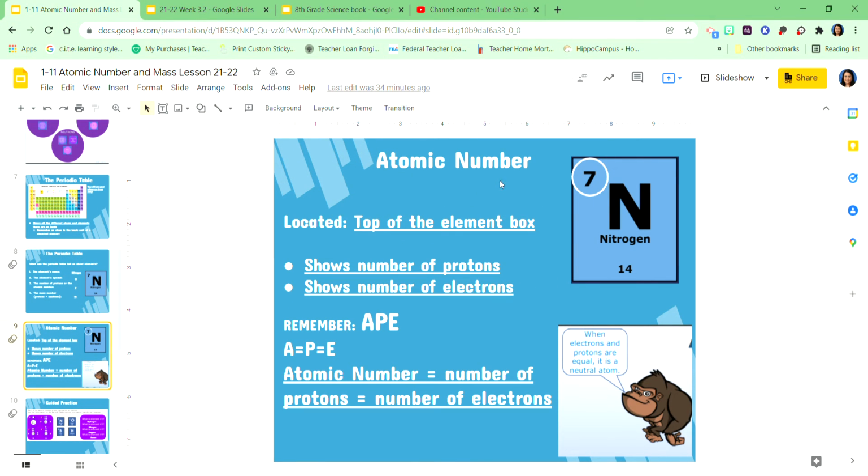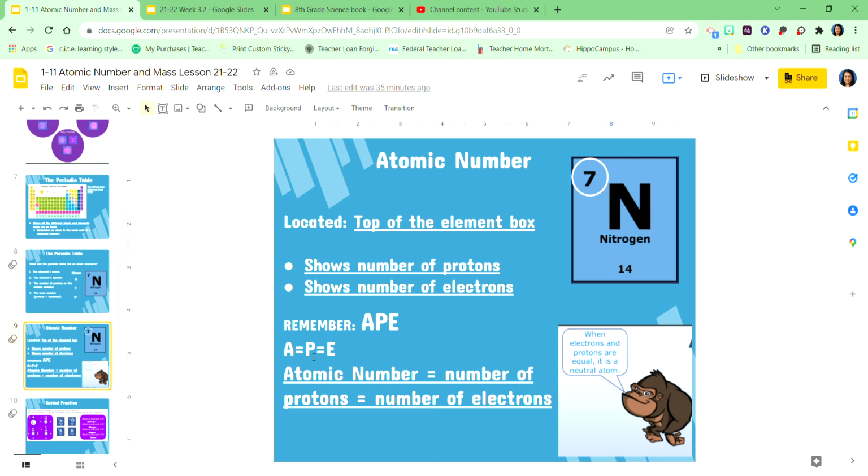So, atomic number, as I mentioned, is always at the top of the element box. It can be in the corner or it could be right in the middle. It shows the number of protons and electrons. So, an easy way to remember is APE.